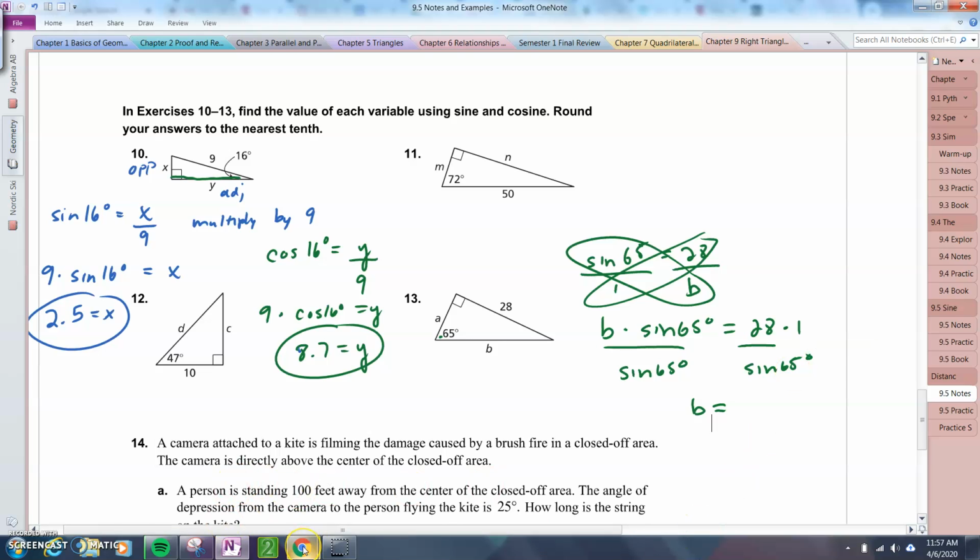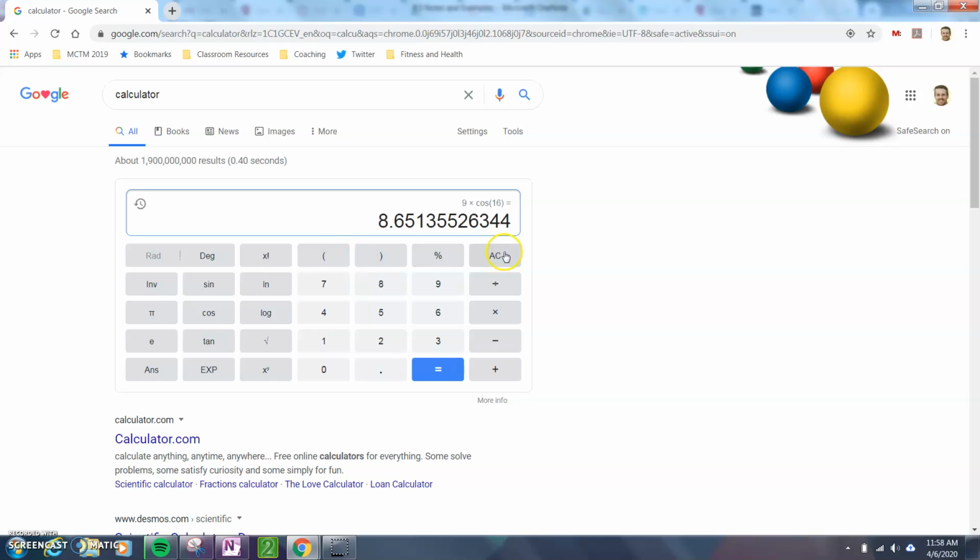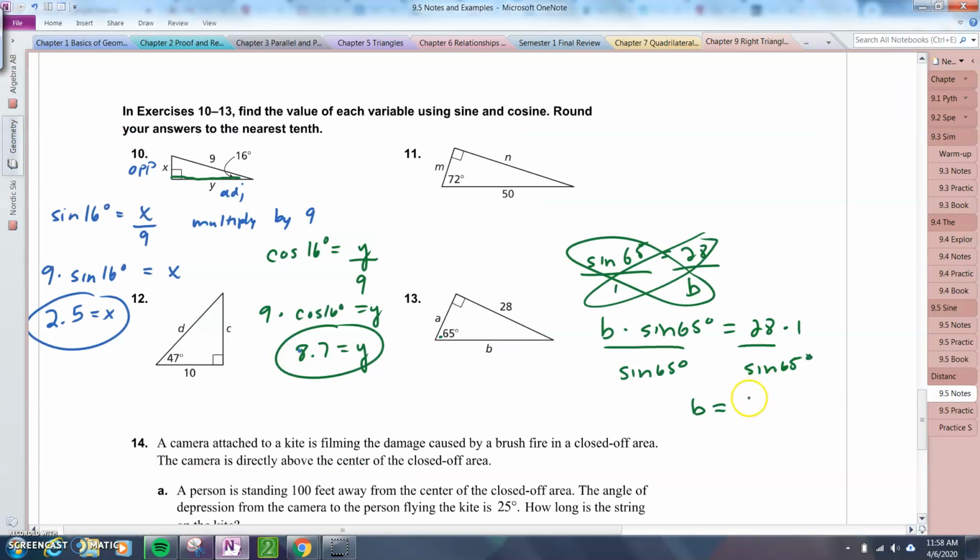Let's do that. We're going to get 30.9. And now I know what this hypotenuse is. So the hypotenuse is this 30.9.